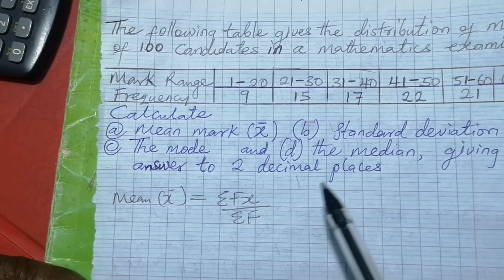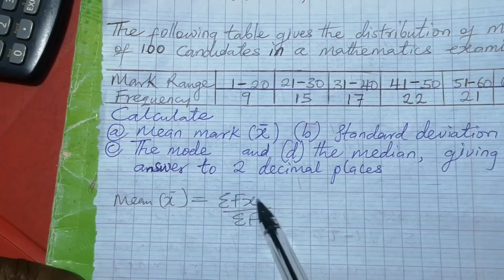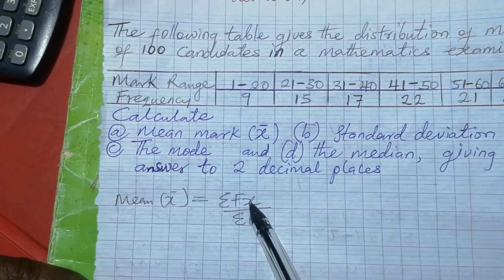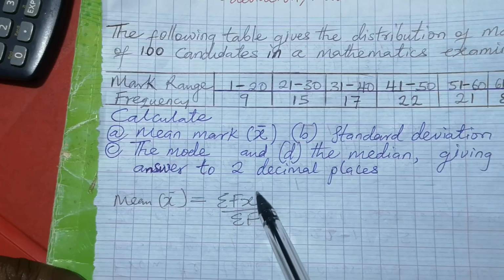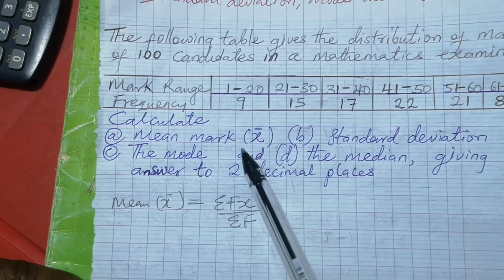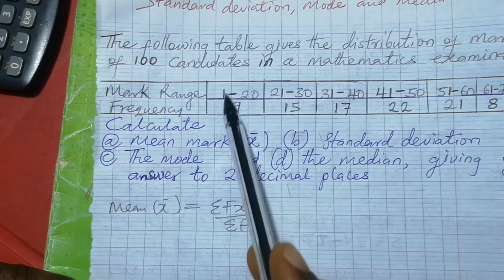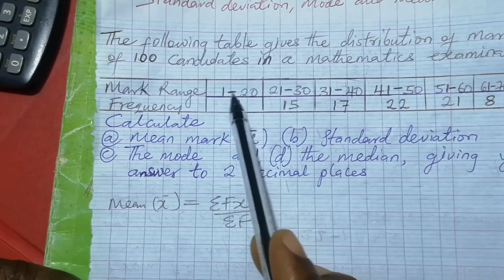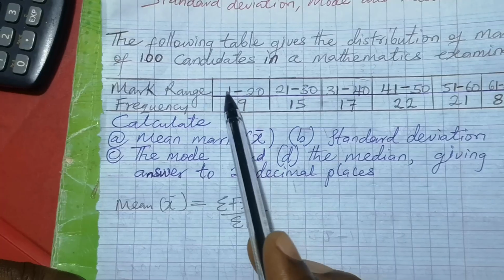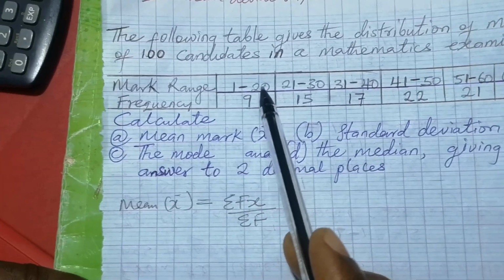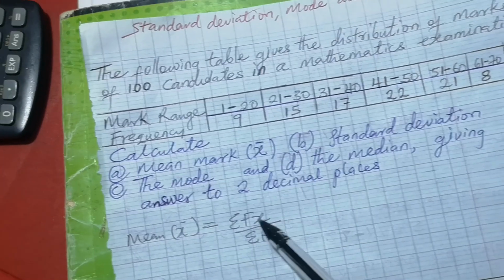Now the x here is supposed to be the score, but since we don't have a single score, what we have is a range. Then we are going to find the mid value of each of these intervals or ranges to get our x.